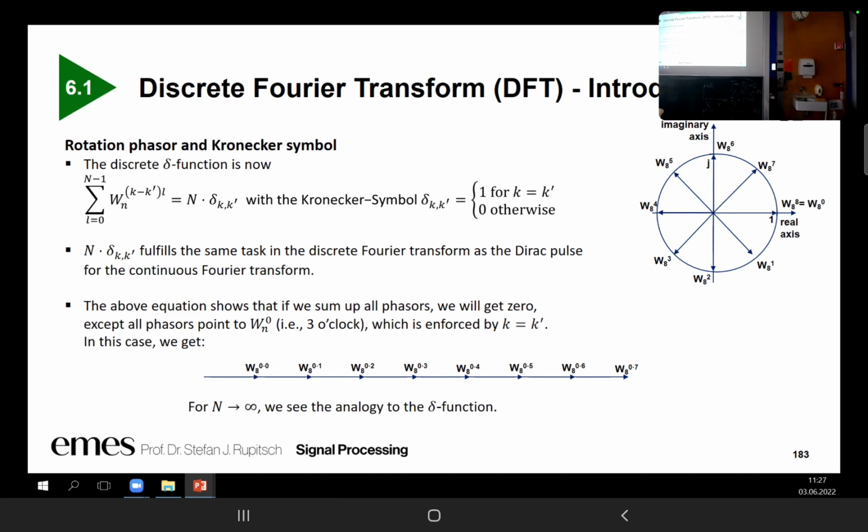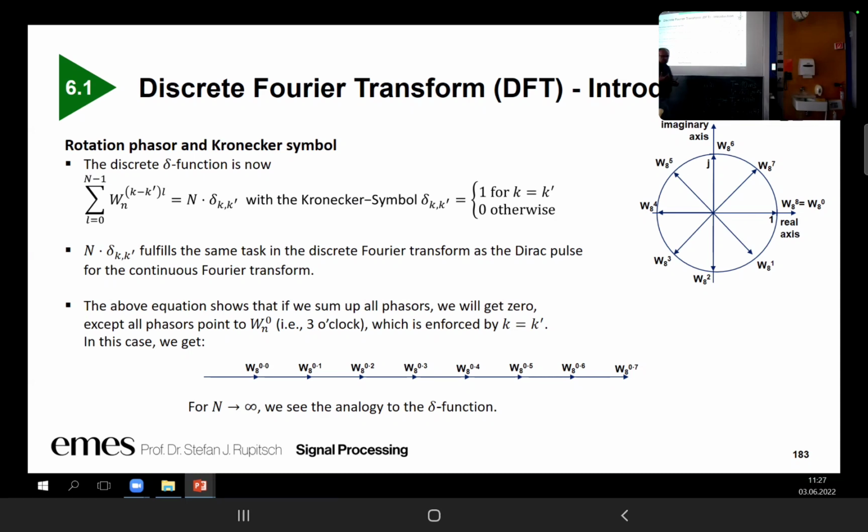Otherwise, we are not able to sample. But if we fulfill this, then it works. Nyquist: one sampling point in this direction, and another one in the opposite direction. Good. You have to think about this fact by yourself.